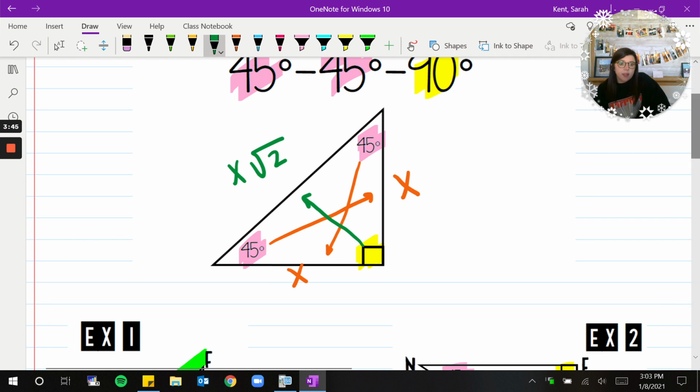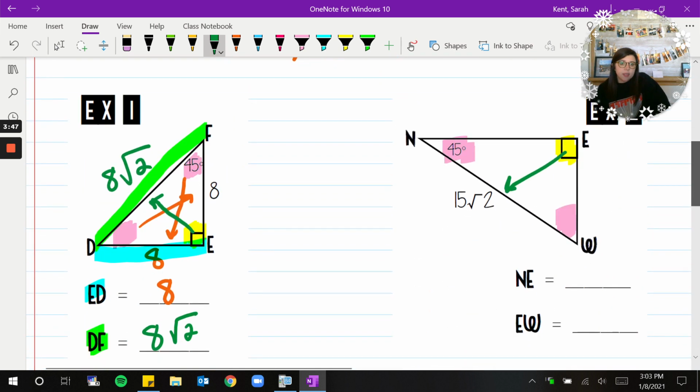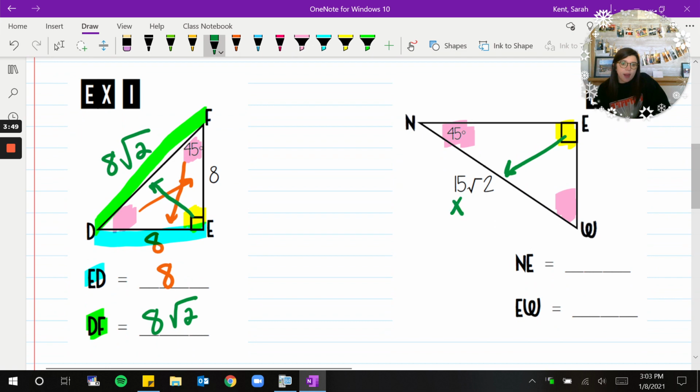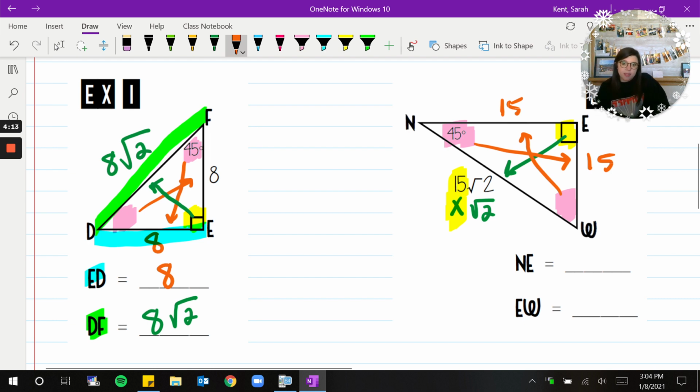So if I line that up with this example, if I write x square root of 2, I can see that my x lines up with 15. That means across from the 45, I want 15, because that 15 is x.